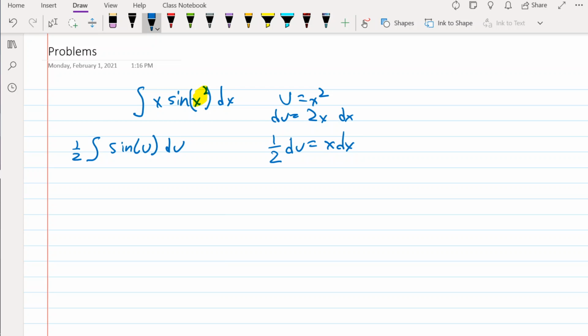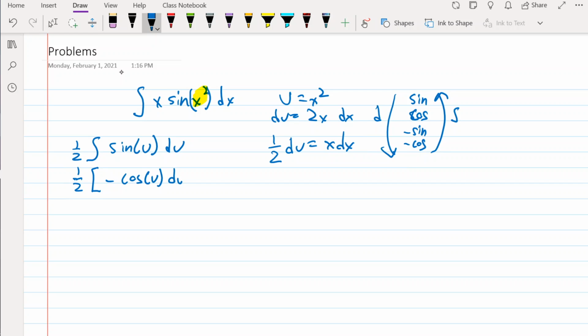From here, we can use a little trick I learned. This way is derivatives, and this way is for integrals. We take the current position and follow it. So sine becomes an opposite cosine when we integrate, so we have opposite 1/2 cosine u.